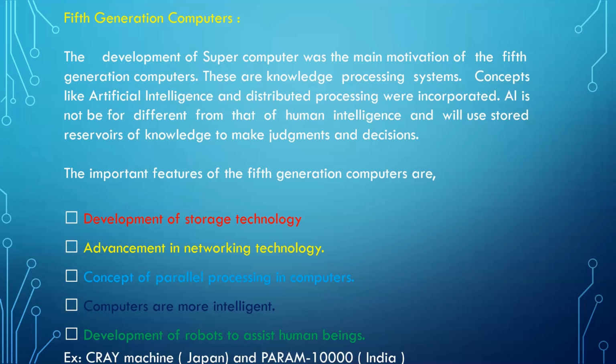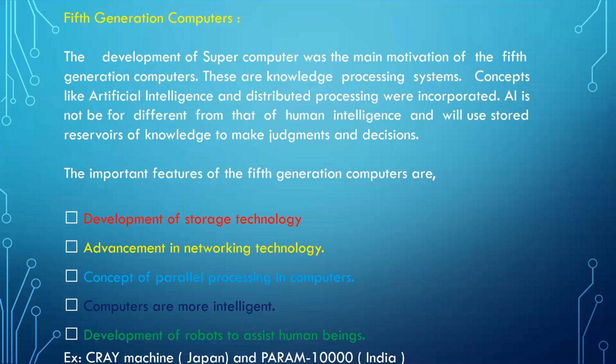The main motivation for the fifth generation computer was the development of the supercomputer. In that supercomputer, we used the concept of artificial intelligence and distributed data processing. Then it becomes a more intelligent system.